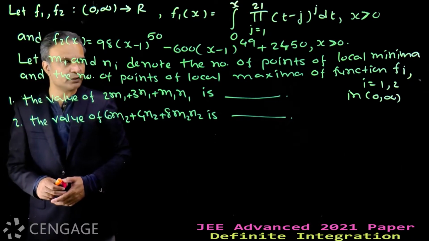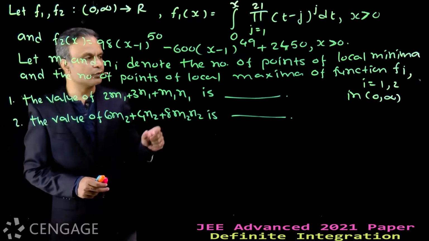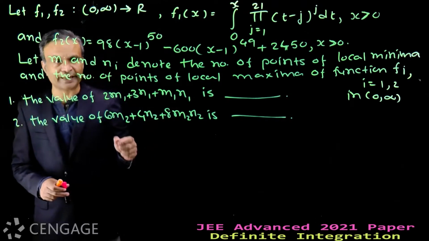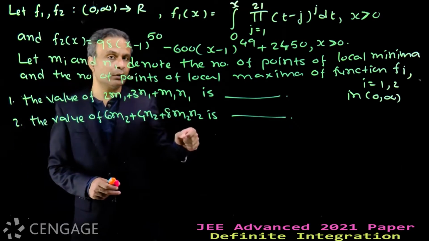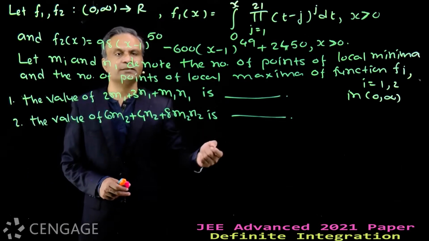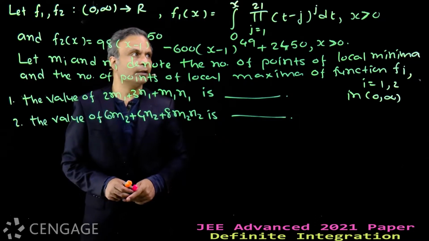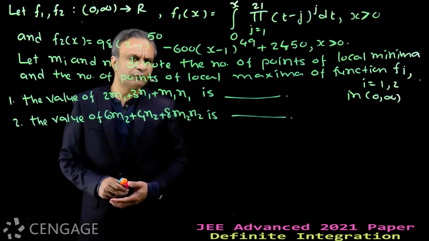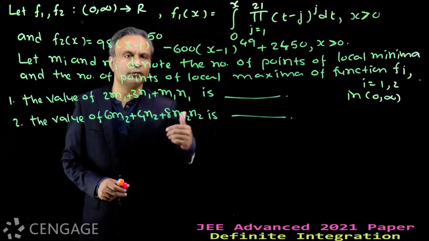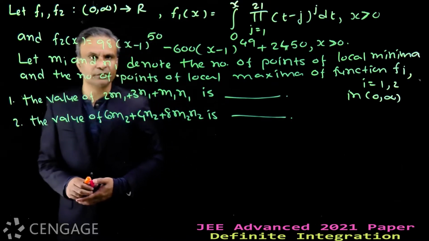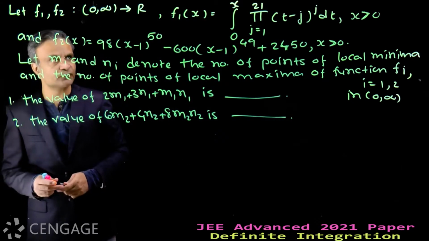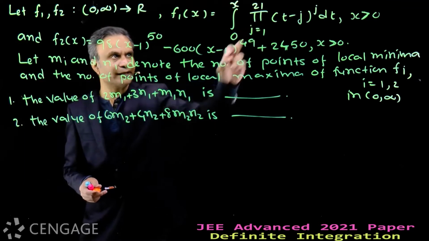Here m1 will be the number of points of local minima of f1, and n1 will be the number of points of local maxima of f1. Okay, so how can we find points of minima and maxima? For that, we differentiate the function. We first write this product.